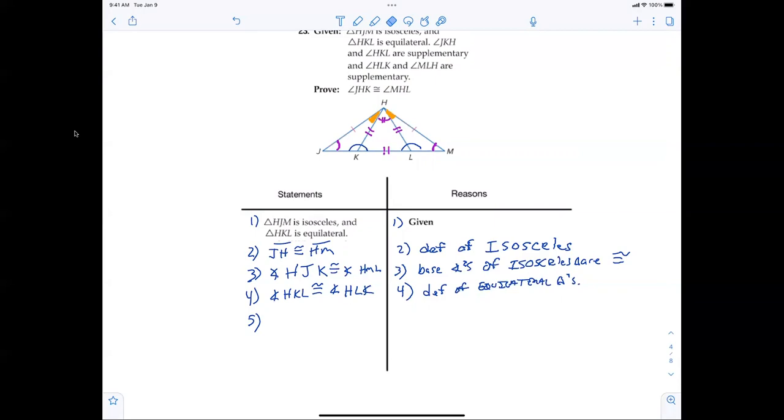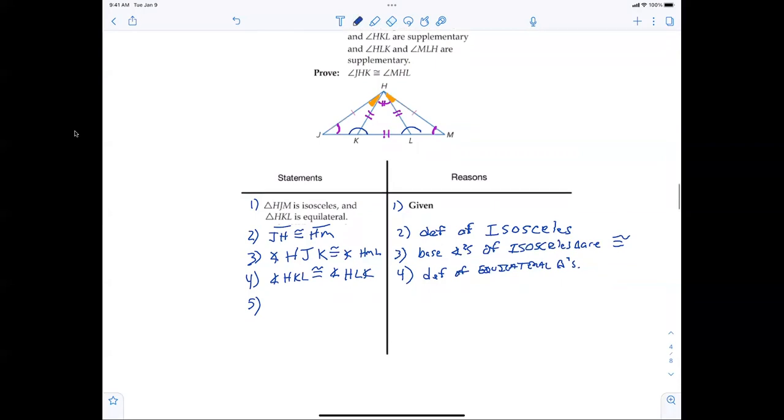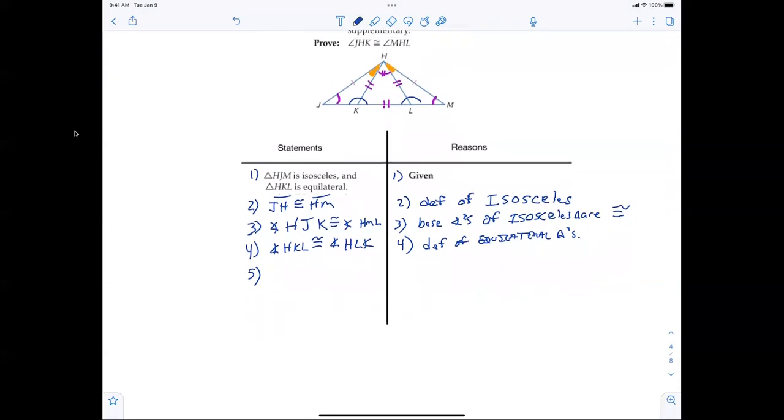So now we can say that angle HKL is congruent to angle HLM. Angle HKL, come on guys, angle HKL is congruent to HLM. And that's supplements of congruent angles are what?